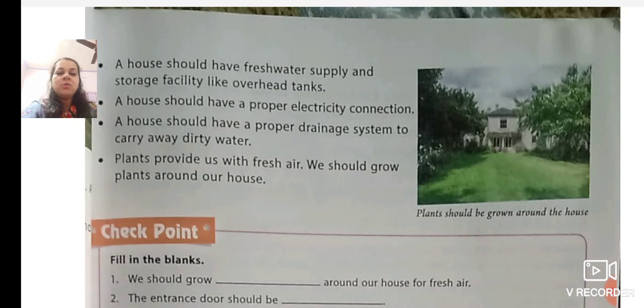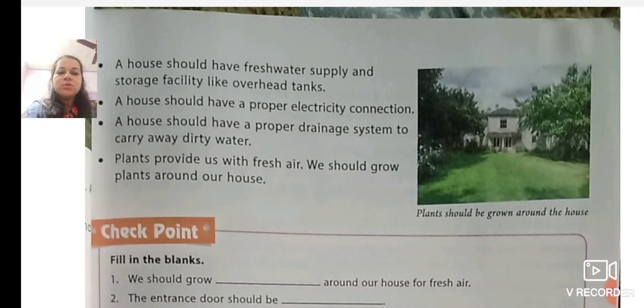So a house should have proper electricity connection, like the wires should be covered and placed high, so that our hand does not reach the wires, and plug boards should be put properly so that we don't get an electric shock.